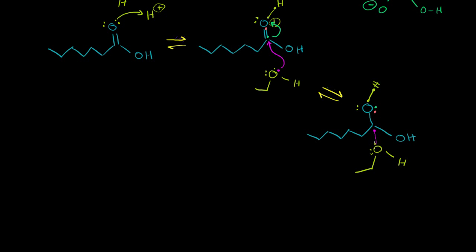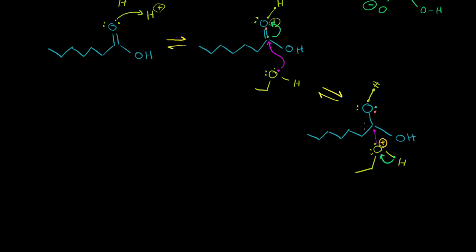This guy gave away an electron to this carbonyl carbon, so this right here has a positive charge. And in general, the oxygen, very electronegative, is going to be hogging the electrons of this proton, so it can take them away. So far we gained a proton, and now we can give back a proton. This electron right here can go back to this oxygen, making it neutral, and the proton can be picked up by anything.